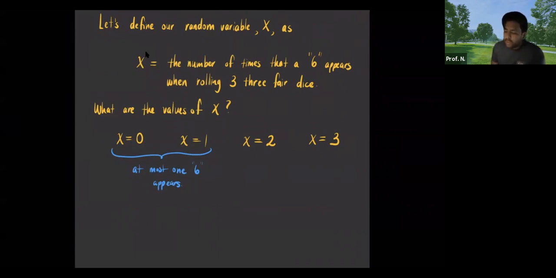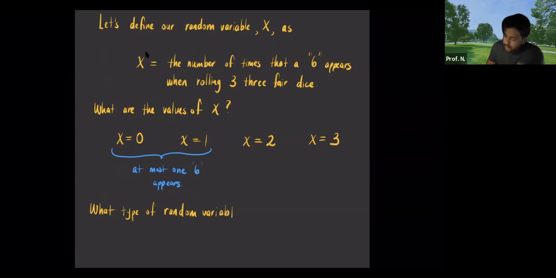Now the question becomes, what type of random variable is x? Well, there's only two that we've discussed really so far, right?